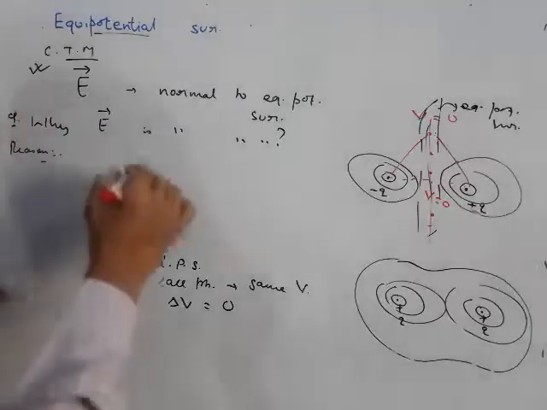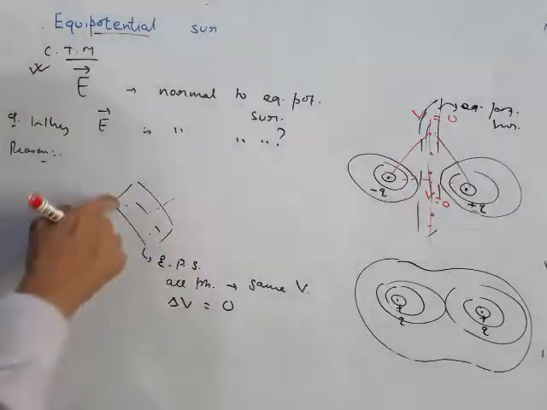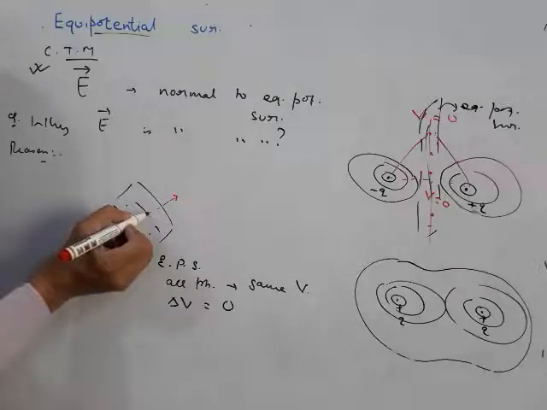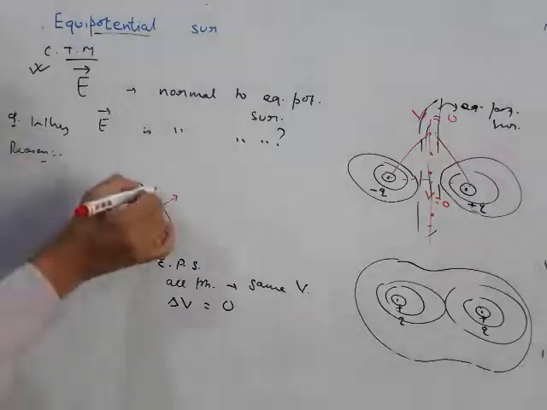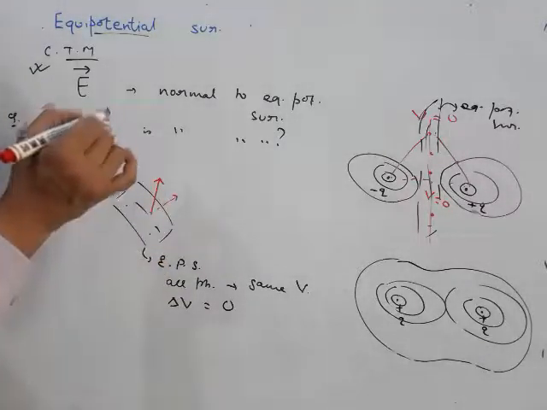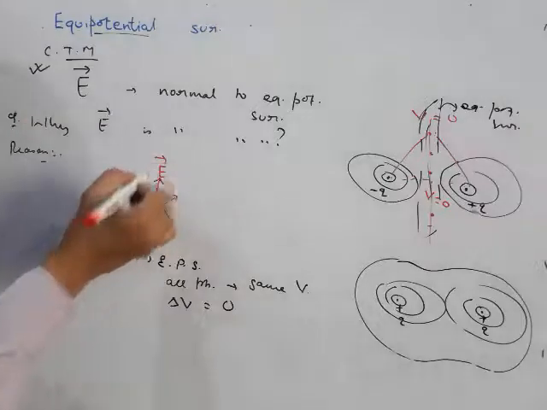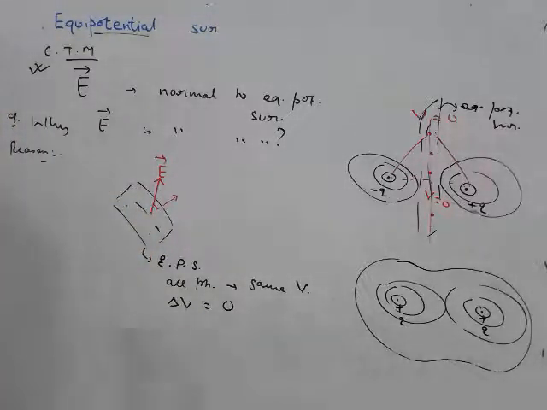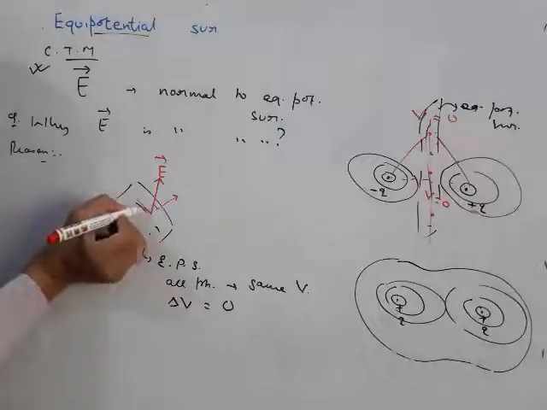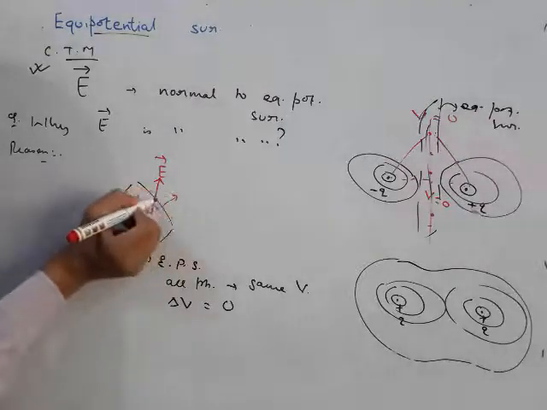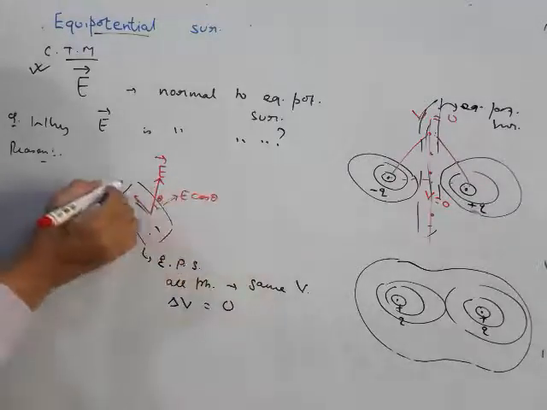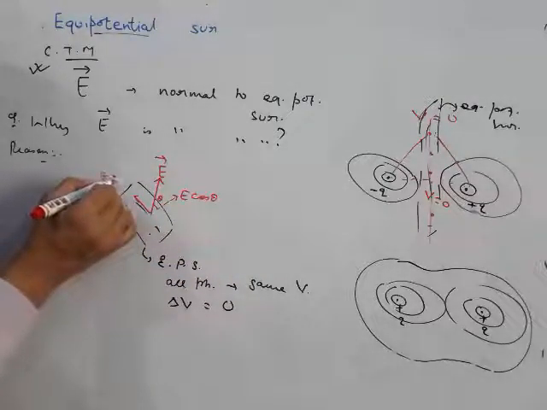The normal to this equipotential surface is this direction. Electric field must be in that direction. If possible, suppose electric field is not normal. If electric field is not normal, it will make some angle to the normal like so. Then this electric field can be resolved into 2 components. If this angle be theta, this will be E cos theta, and there will be a component E sin theta.